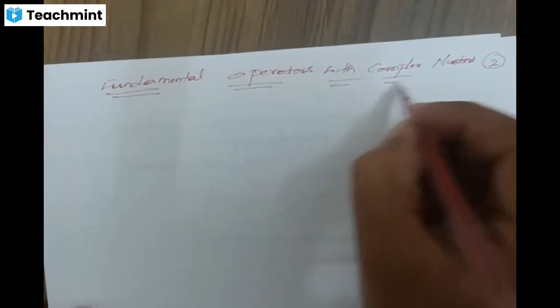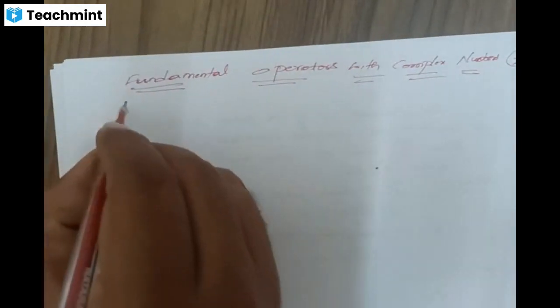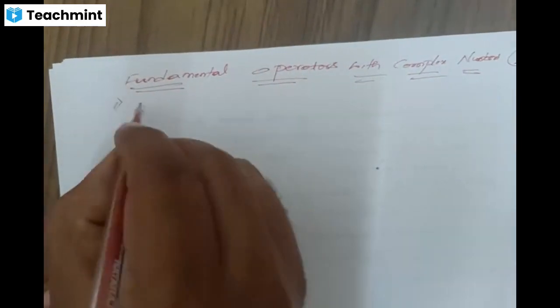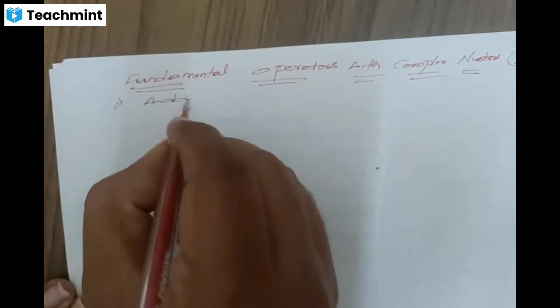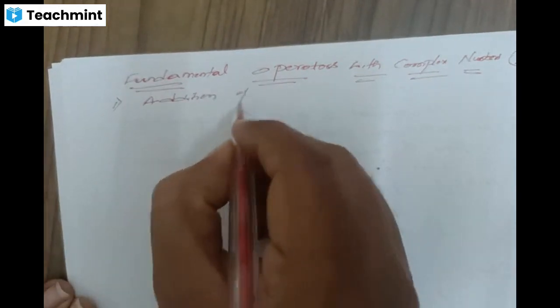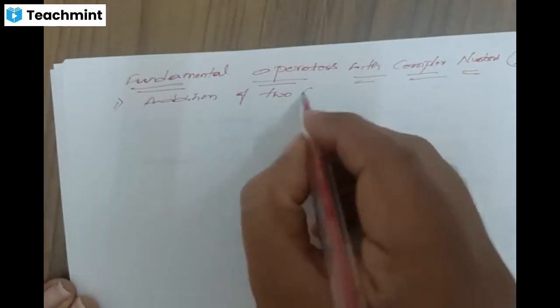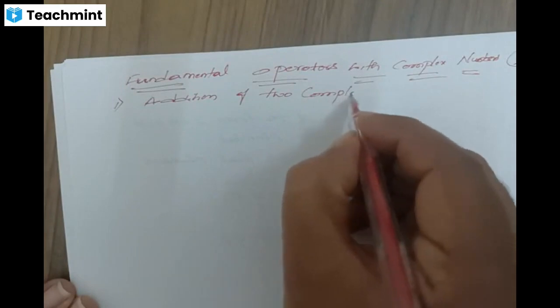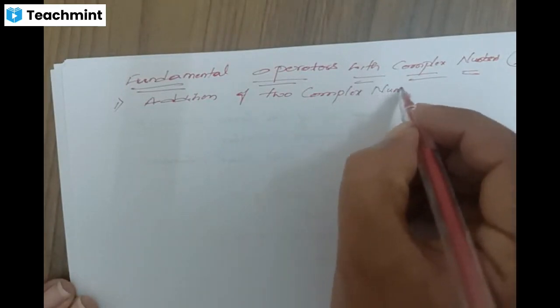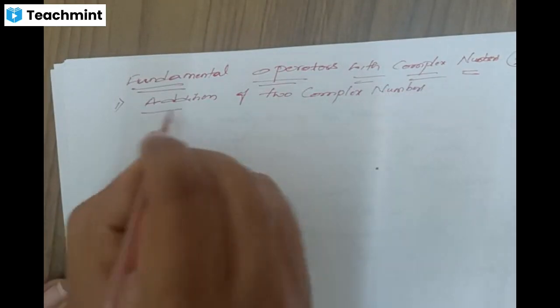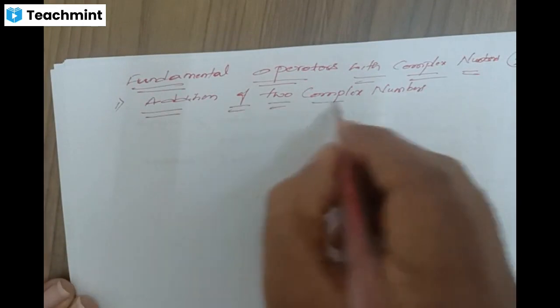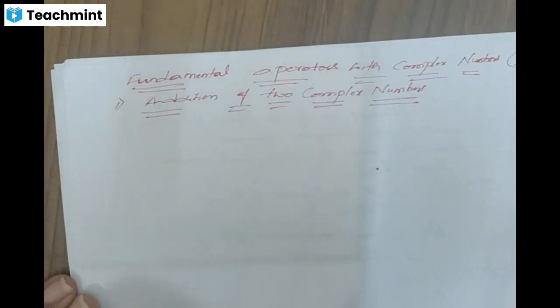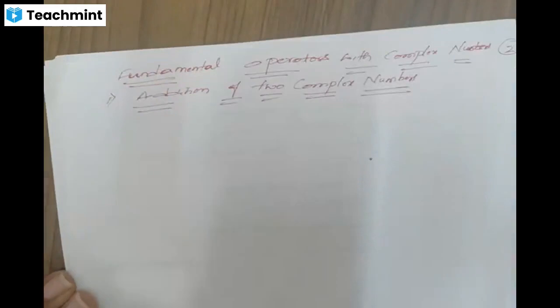So in the fundamental operators with complex numbers, I will take first the addition of two complex numbers. Addition of two complex numbers means if we take two complex numbers and add them, it should again be a complex number.